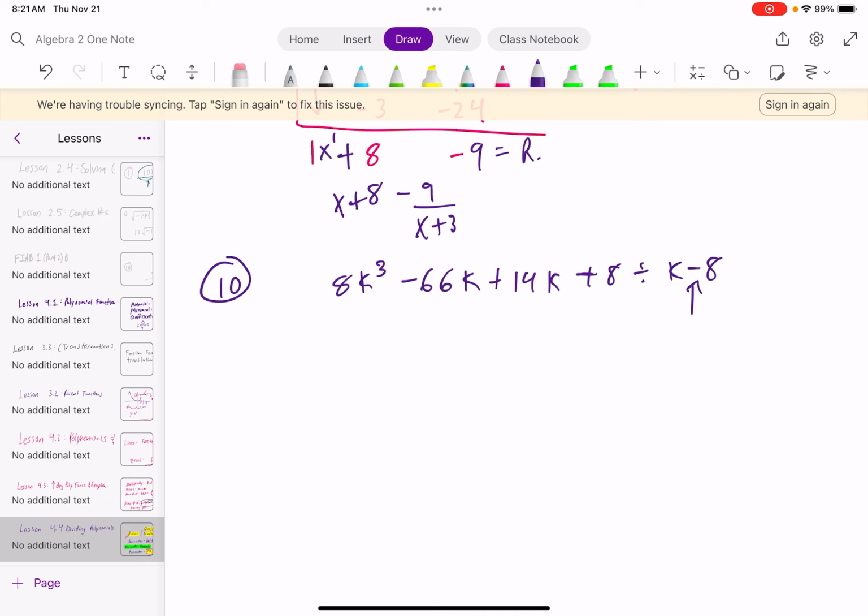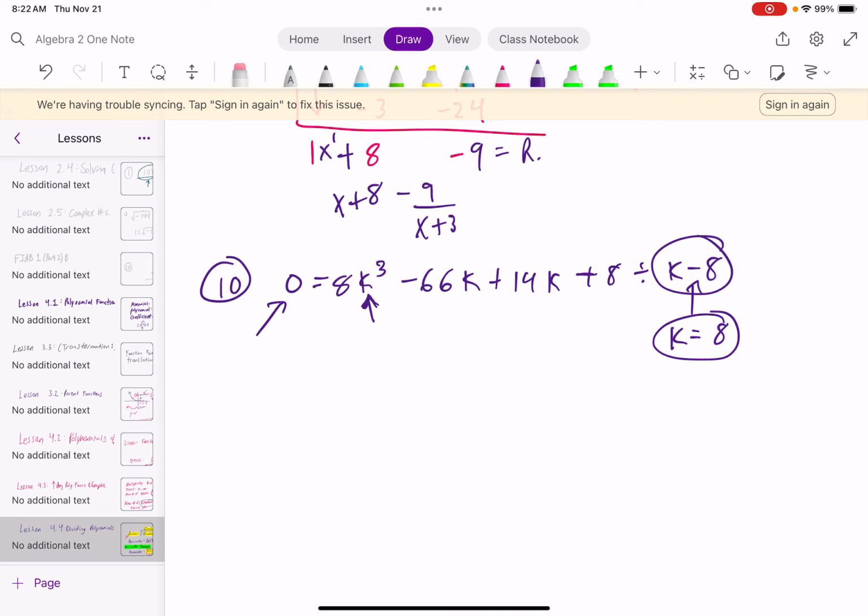Again, we're going to flip that sign because you know that k is 8, because 8 minus 8 will give you 0. And again, we're trying to make this equal to 0 to find out what k is, right? Dividing by that factor, in which k is 8. And we're going to see if this will equal 0.